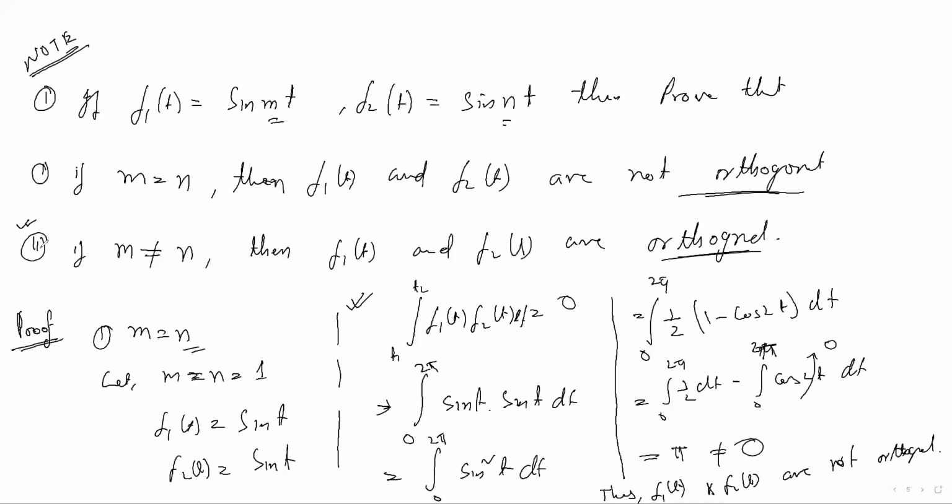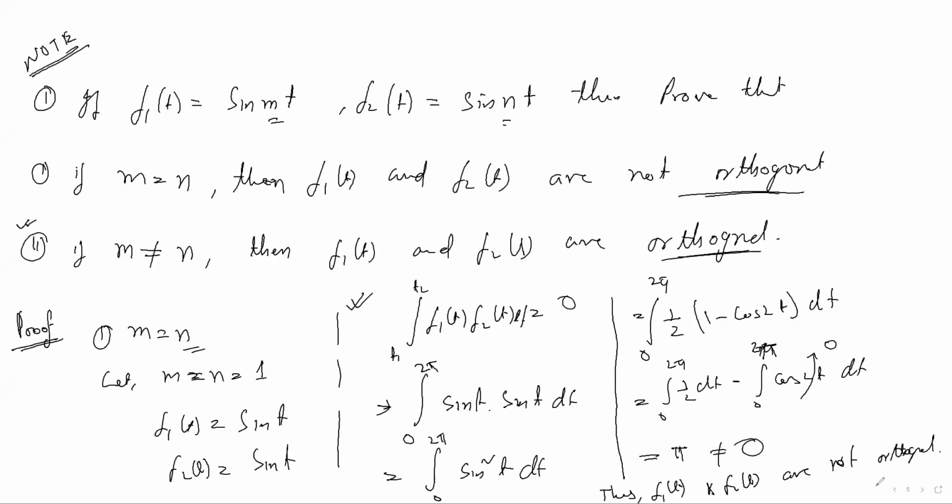The second one: if you take m equal to 2, n equal to 3, then you try to solve. Or directly also, by taking m and n, you can say that if those are not equal, then these signals are orthogonal. Let me do it.